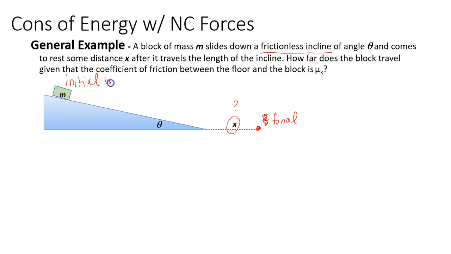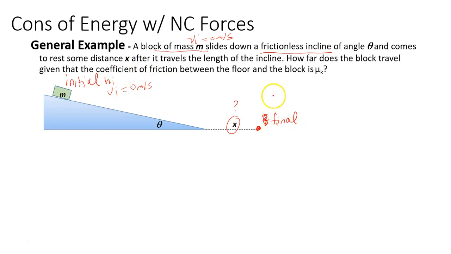So we definitely have an initial height here. Now, it doesn't say otherwise, so we can assume that it started at rest. It doesn't say it had a velocity to begin with, so we can assume that our initial velocity is 0. And then there's no spring, so I'm not going to even consider it. So that's our initial conditions.